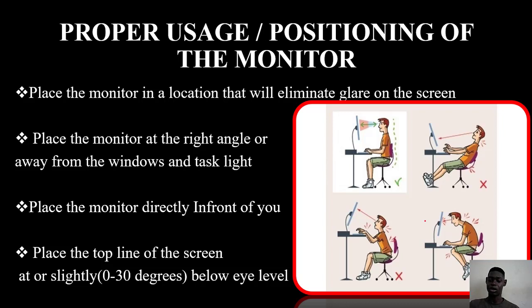Obviously, you can all see that the first picture, at the top left corner, has been checked, meaning it has been marked correct. That's how the monitor should be placed, and this is the good sitting position, the proper position you should sit in. All the others are not correct. Check them very well.